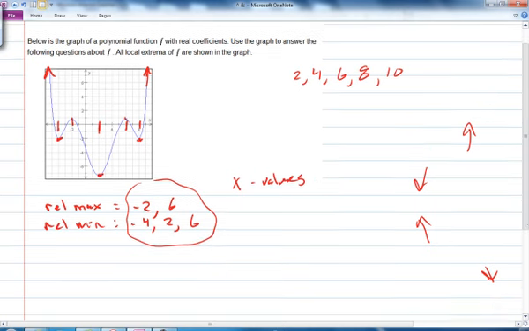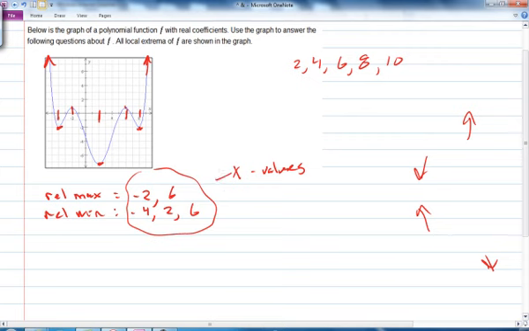So if you look at that graph, and just focus solely on the x values, and I'll try to line these up roughly close to where it happens, at -4, then at -2, then at 2, and then at 6. And oops, I miscopied one.